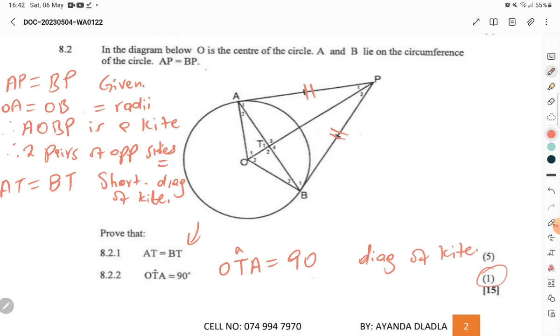We know that the diagonals of a kite intersect at 90 degrees, not necessarily bisecting at 90 degrees, because only one diagonal is being bisected, the longest one is not. So they just intersect at 90 degrees. That means T2 is 90 degrees, T1 is 90, and so are T3 and T4. So this is just the presentation of this question 8.2.